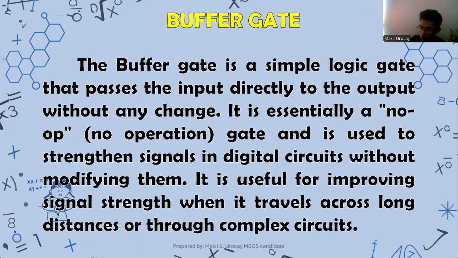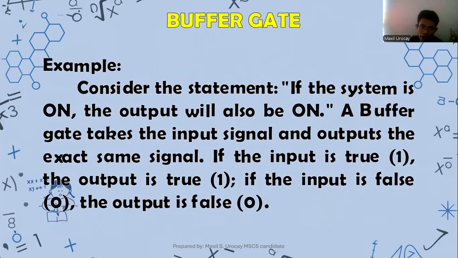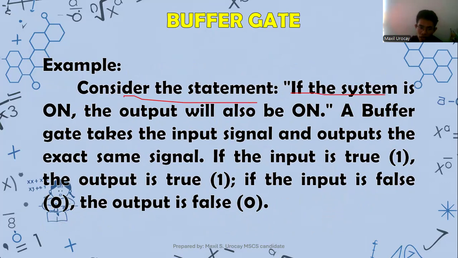theories. So just working on the example, consider the statement. If the statement is on, the output will also be on. It's actually an identity when it comes to propositional logic. So it is the exact same signal, so this is definitely a redundant thing. If the input is true, the output will be true.